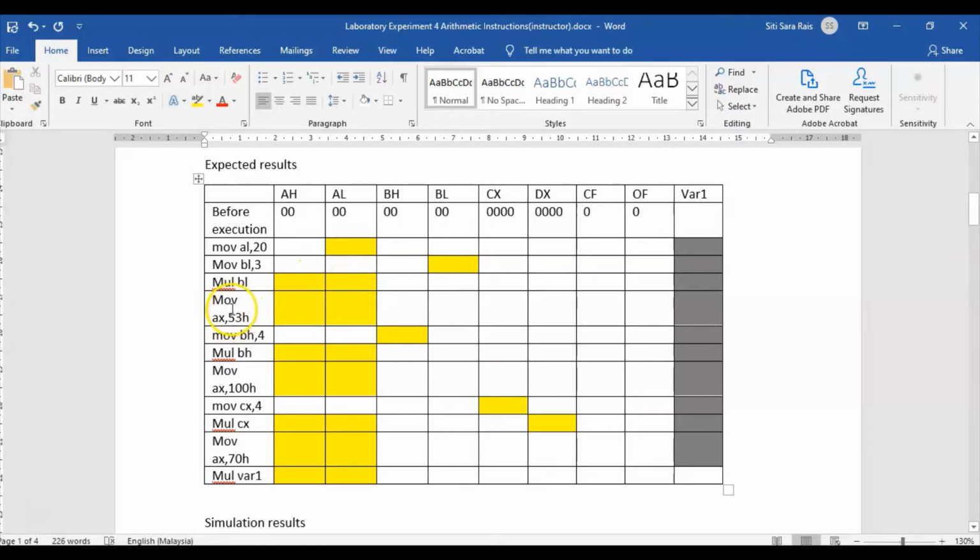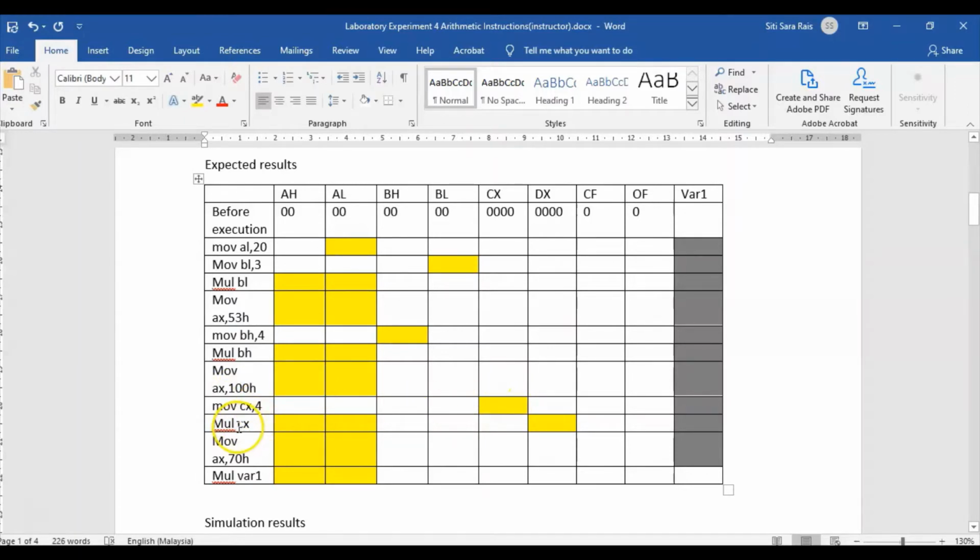Then we move AX, so this AX will be changed. Then move BH, so BH will be changed. Mul again, the same instruction, so AX will be affected. Then move AX, so the same AX will be affected, and then move CX, so CX will be affected.